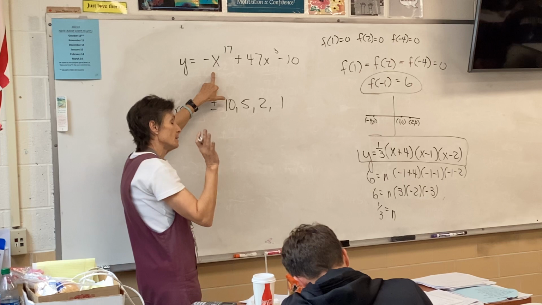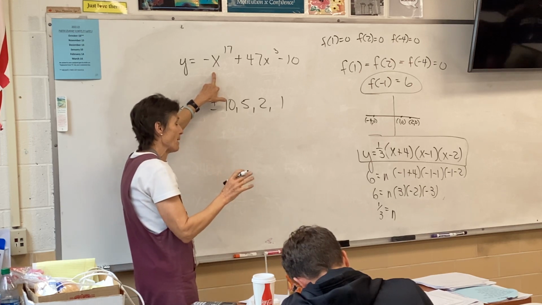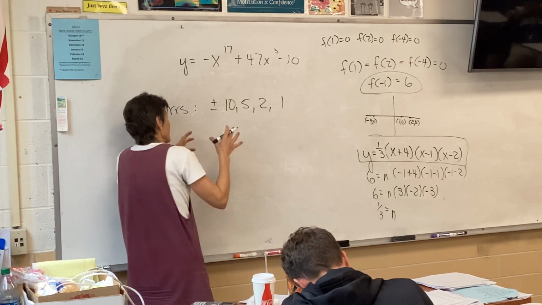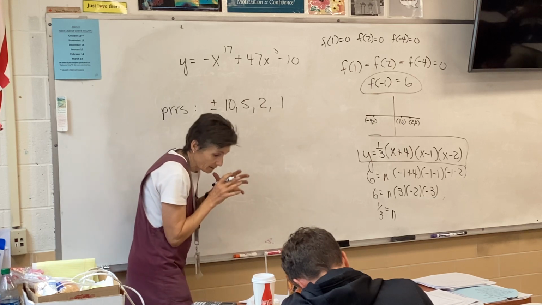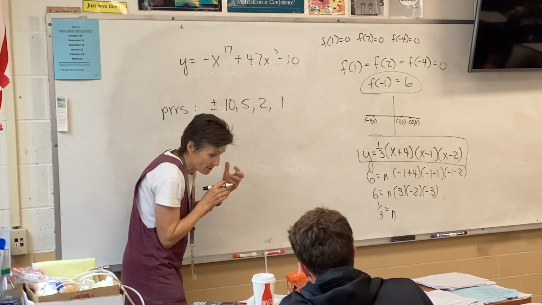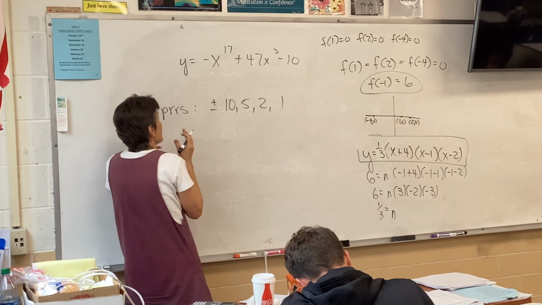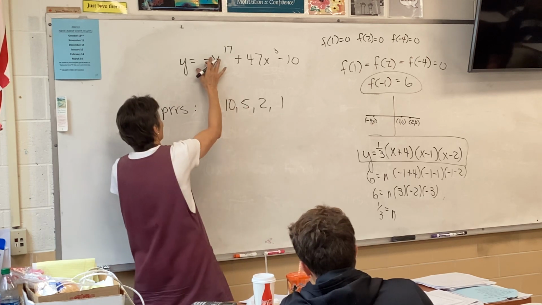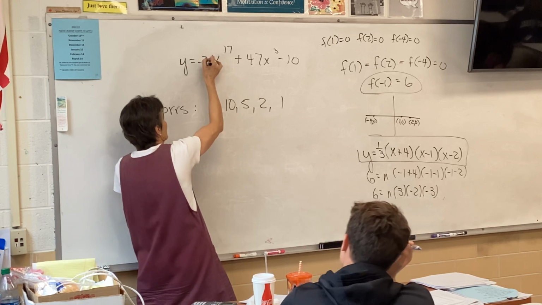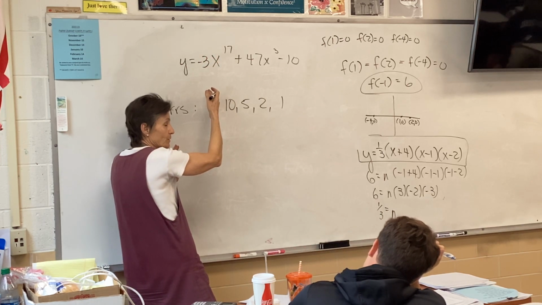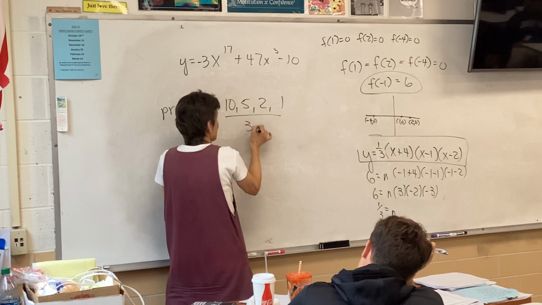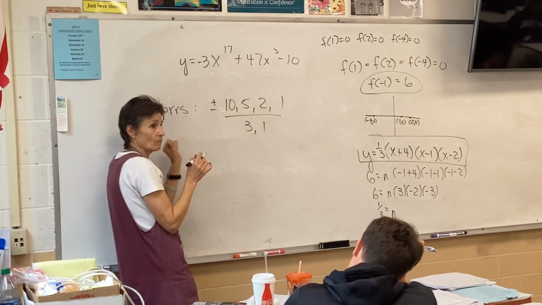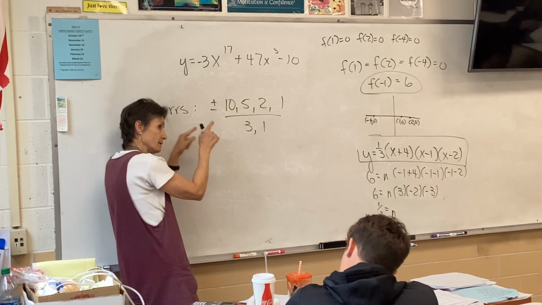Now, since it's a 1, I don't need to worry about it, but I need you all to be clear about this. It says list them. So we need a list of numbers. So there isn't one, but let's say there was a 3 out here in front. Then that would look like this, right? Factors of last over factors of first. That's not a list.